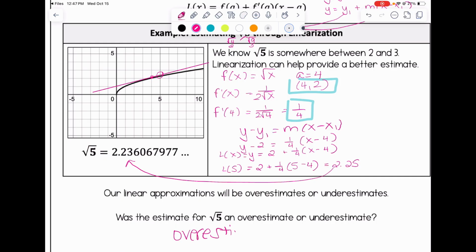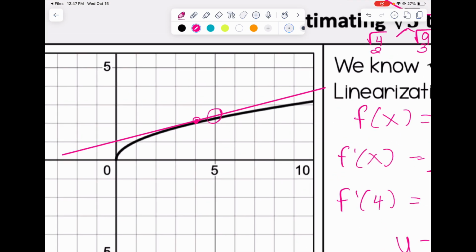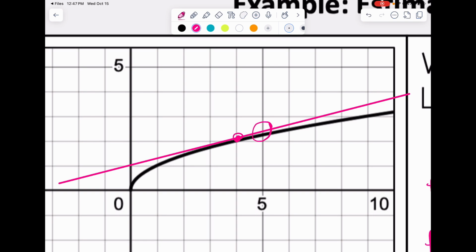The reason this is happening is, yes, because we can compare 2.25 to 2.23 and say that it's bigger. But also if we look at the graph, and I zoom back in over here, I can see that the tangent line is above the curve. Anytime the tangent line is above the curve, and this is going to happen anytime our graph is concave down, that's when we are going to get an overestimate.